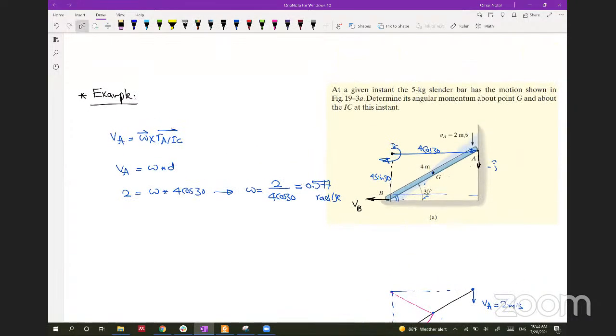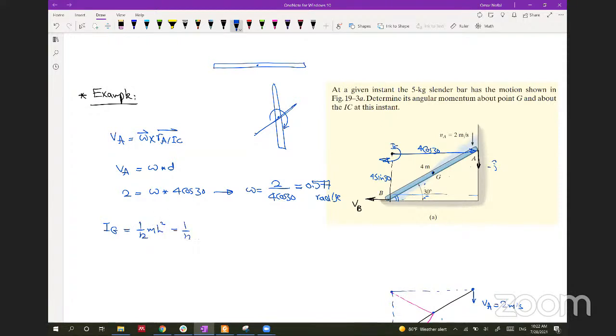Okay, before we start and do anything, let's get the mass moment of inertia about point G. This is a slender bar, and if you check your dynamics sheets for slender bars like this, you will find it there. We know that this bar is making a rotation about this axis, and if you find the moment of inertia about this axis, it will be 1/12 ml squared.